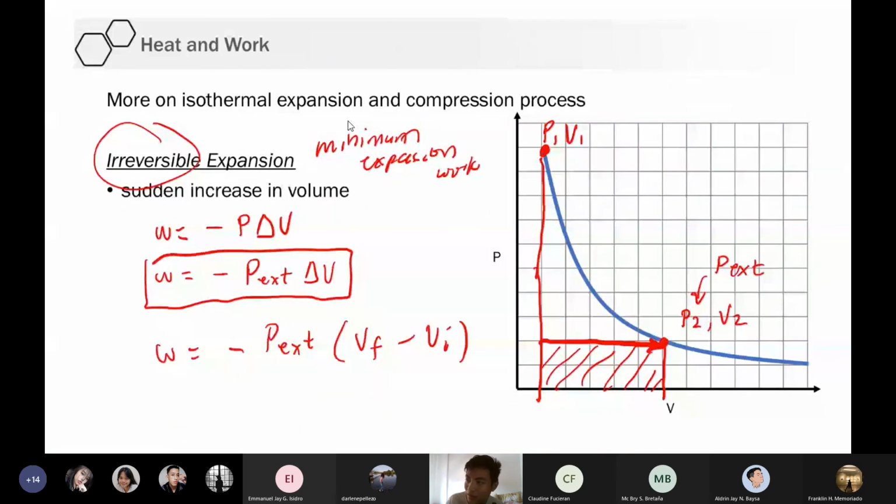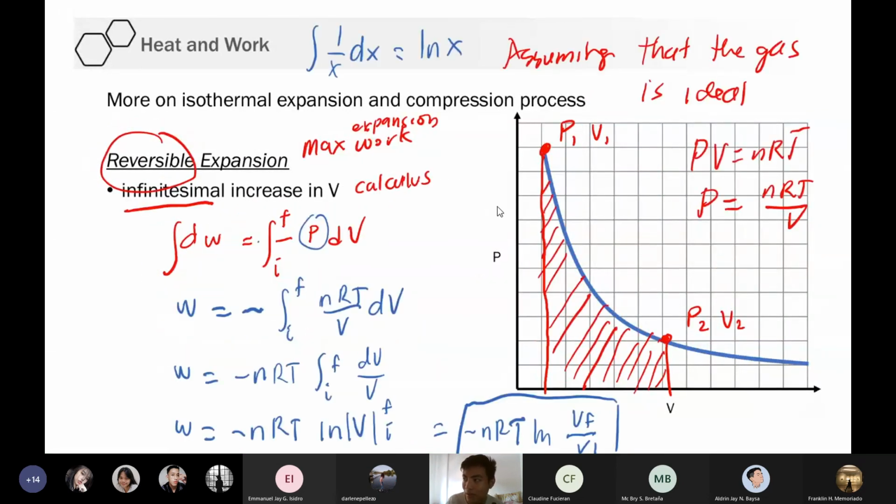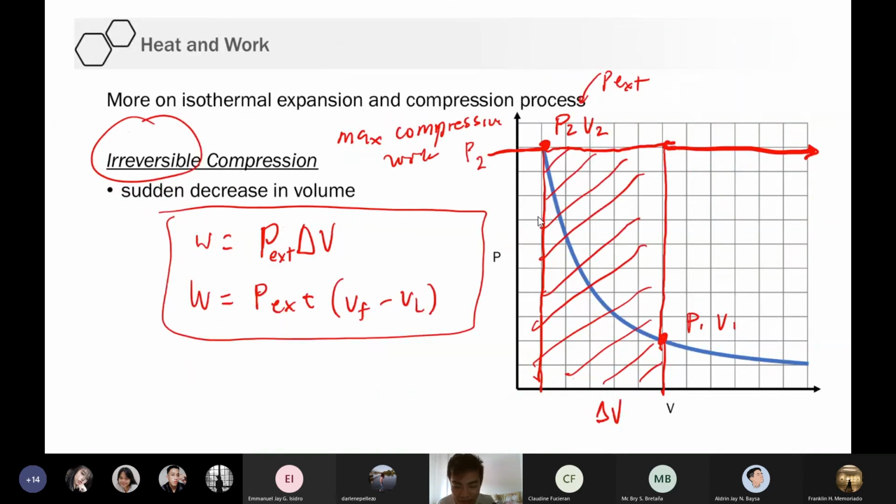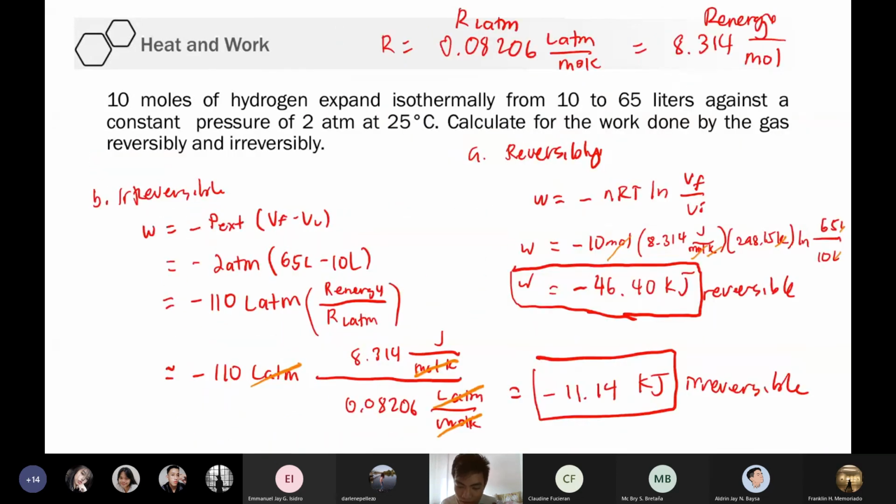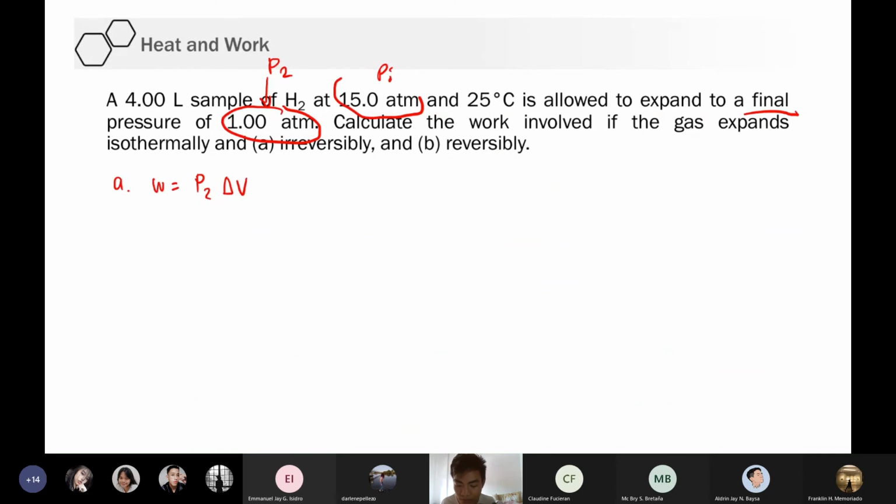Naka-emphasize naman yung P external. Dito, di ko na in-emphasize, no? Basta yun ha, the pressure that will be used ay always dapat ay ang P2. Kung nakita nyo na ito yung ginamit nyo, yung P1, ibig sabihin mali na.